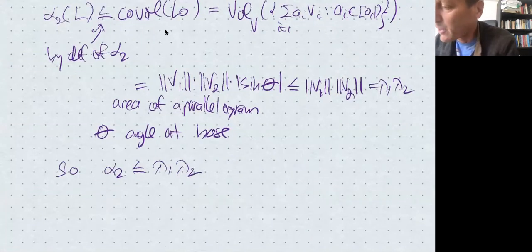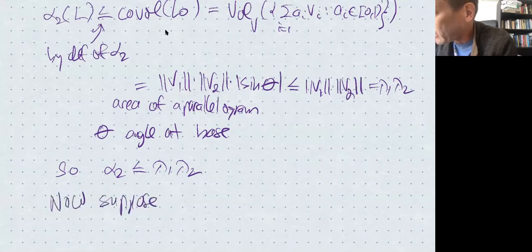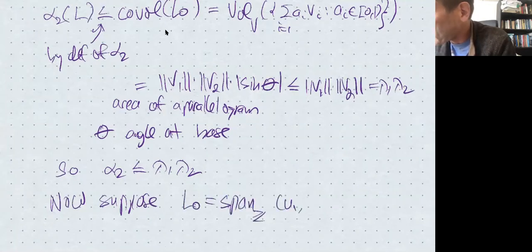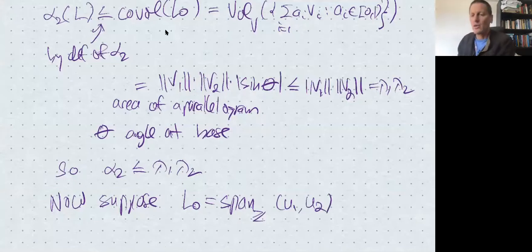Let's go in the other direction. Suppose that L0 is the span of 2 vectors U1 and U2, and L0 realizes the infimum or almost realizes the infimum.